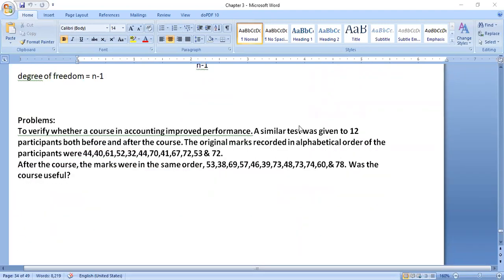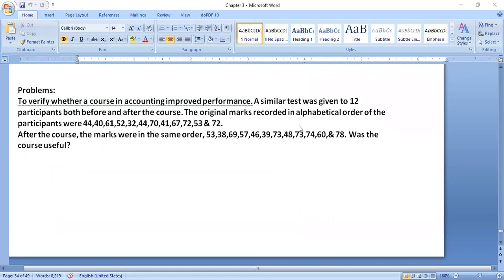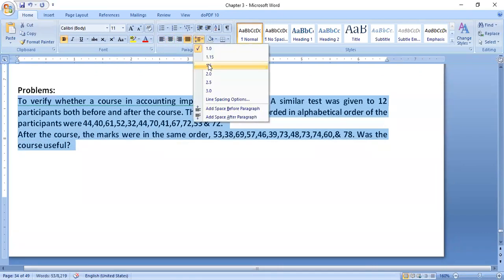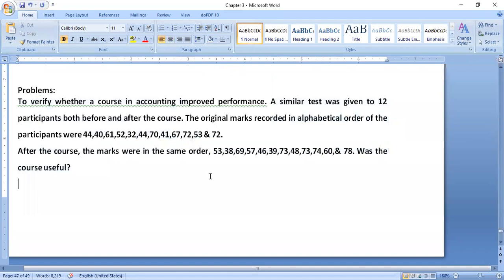Listen carefully to the problem. The problem is to verify whether a course in accounting improved performance. A few students joined an accounting course. Before joining that course, what is their position?